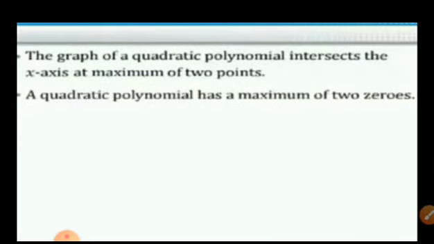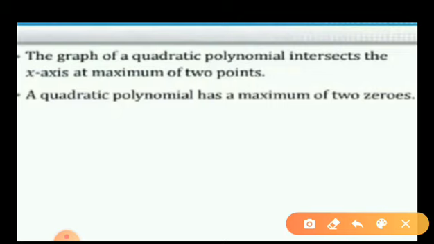Now, the graph of a quadratic polynomial intersects the x-axis at a maximum of 2 points. Therefore, a quadratic polynomial has a maximum of 2 zeros. That means the number of zeros may be 0, it may have 1 zero, or 2 zeros.